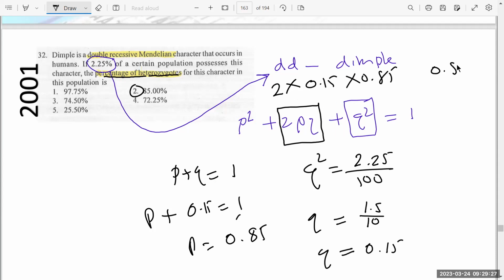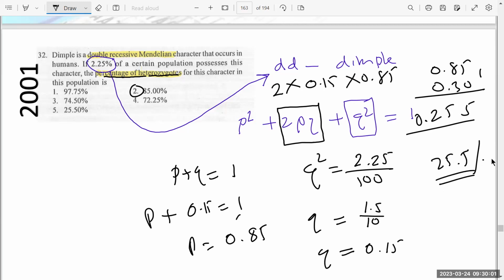So 0.85 multiplied by 0.30 gives 0.255. And if you multiply by 100 as a percentage, it is 25.5, right? Yes. So the fifth one is the correct one.